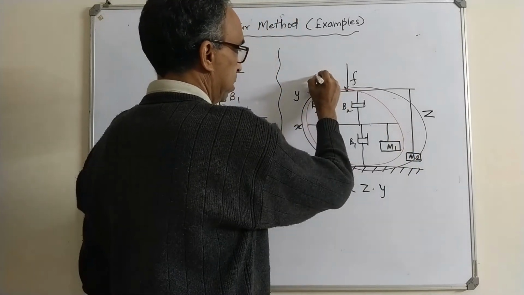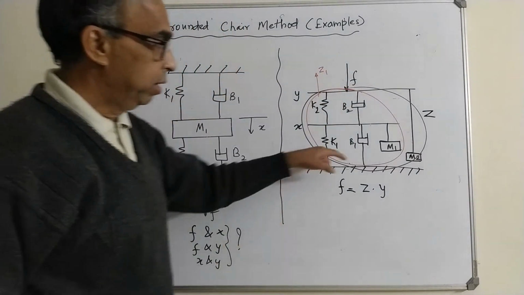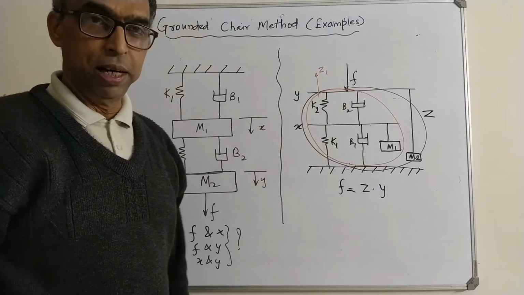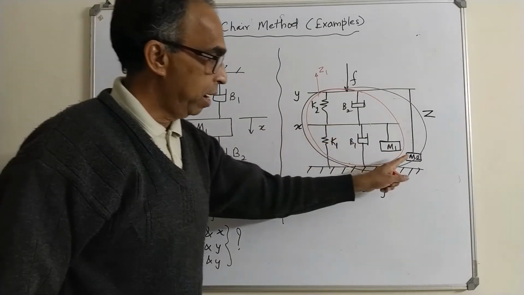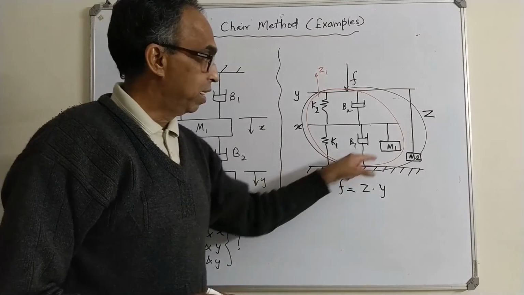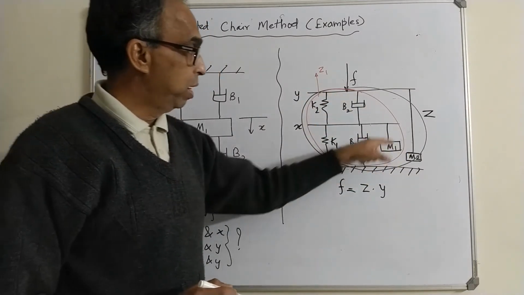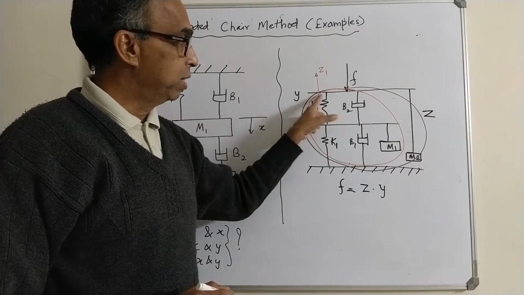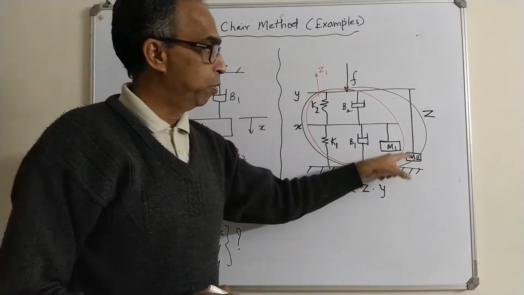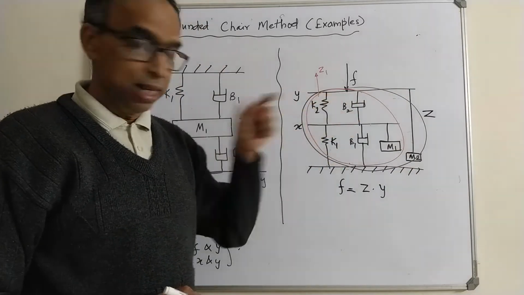I call this entire thing Z1. Z1 and M2 are in series. I repeat, Z1 and M2 are in series. Why? Because Z1 is experiencing displacement Y and M2 is also experiencing displacement Y.